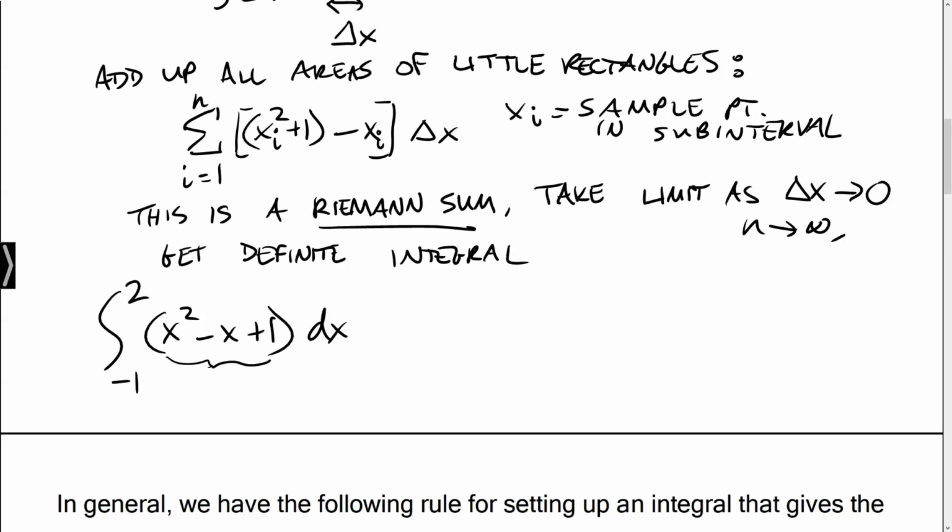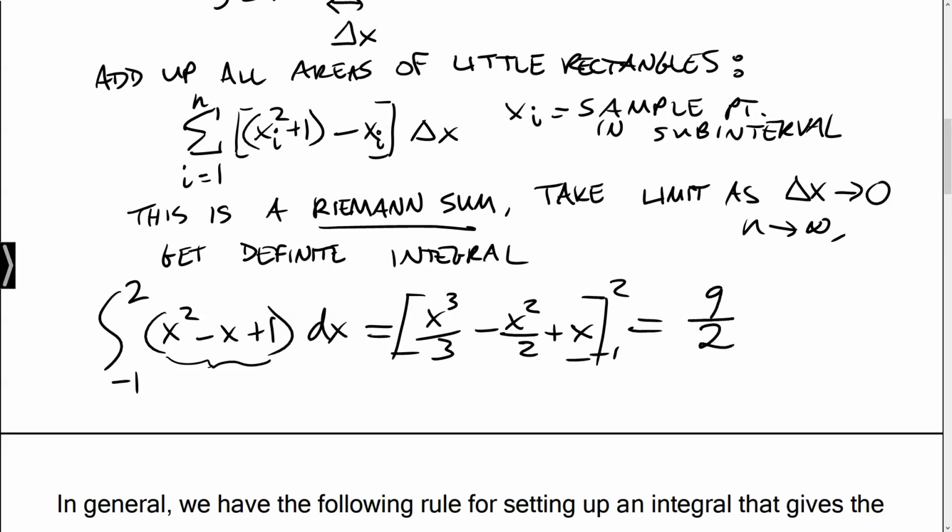It's the difference of x squared plus 1 and x. So we integrate this, so x cubed over 3 minus x squared over 2 plus x from -1 to 2. And I'll leave the details of this to you, but you should end up with 9/2, 4.5.